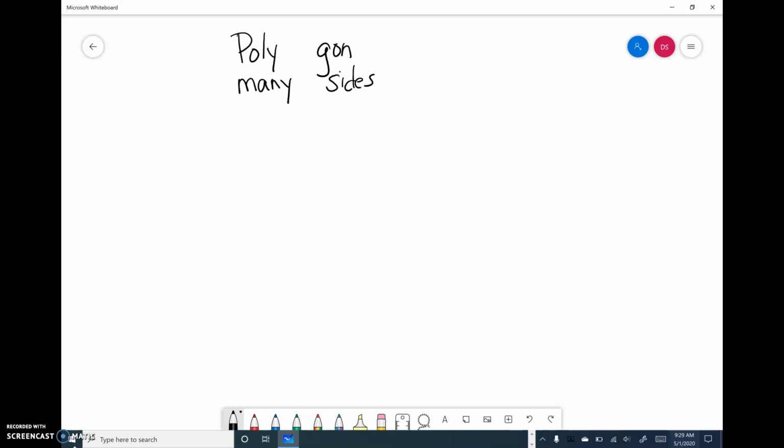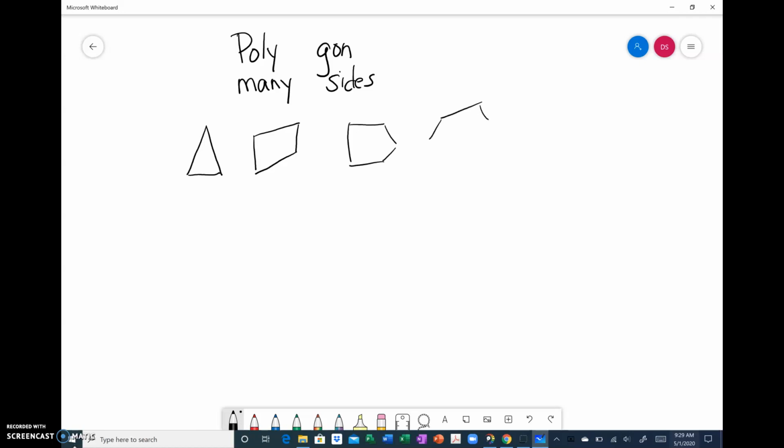You do need to be able to recognize all 6 of these. I'm going to go through them very quickly, but a triangle has 3 sides. Quadrilateral does not have to be a square. It just has to have 4 sides. We've just spent a lot of time on that. Penta, the prefix means 5. That's a pentagon. Hexagon, hexa means 6.